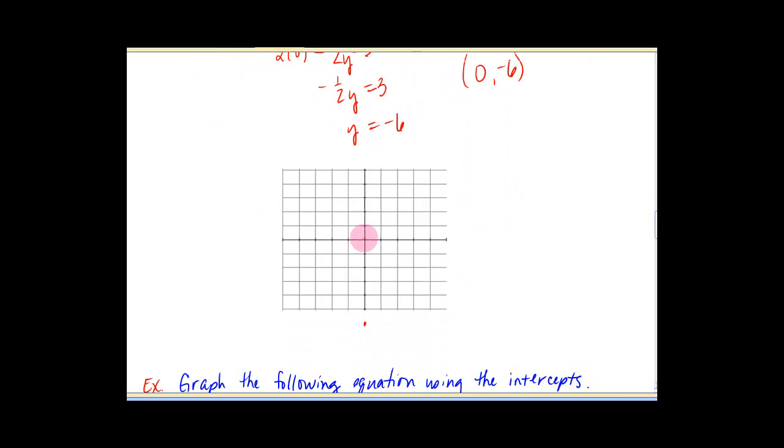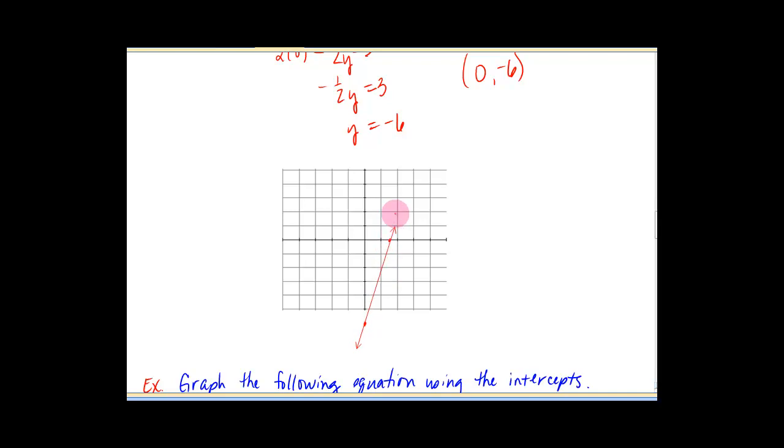So I'm going to go over 1.5 and up 0. So that is my other point for this line. And now let me graph it. Let's see if I can get it to go through. I think I did. Kind of jumps around on me on this screen. There, that's going to be good enough.